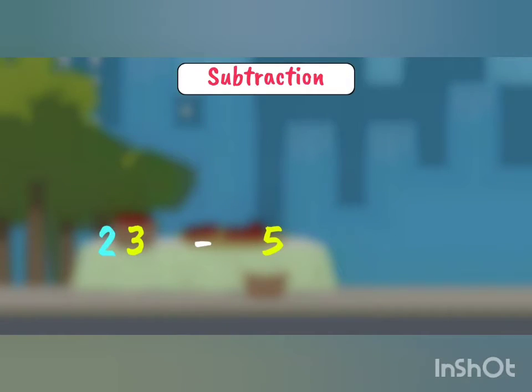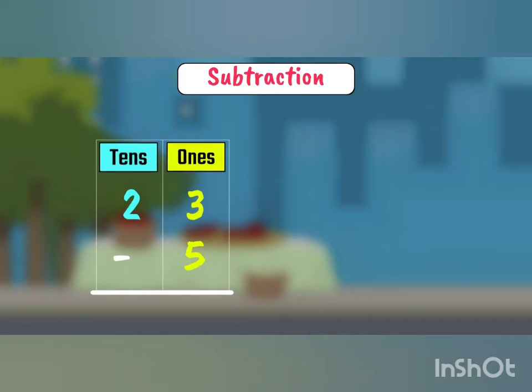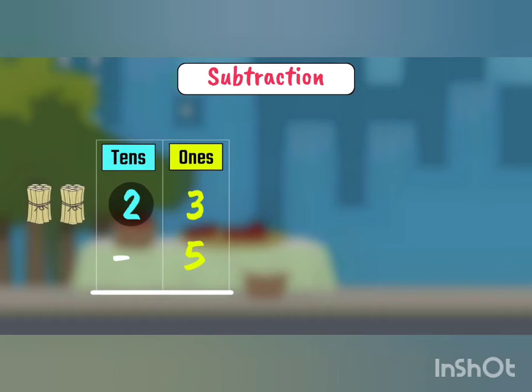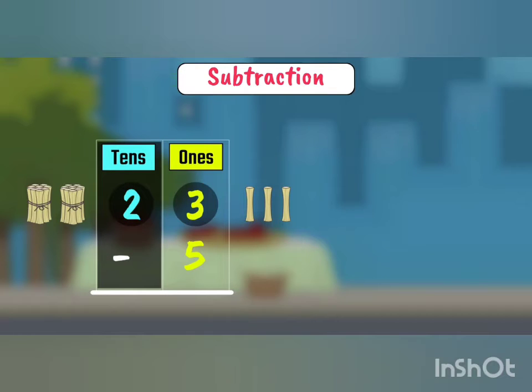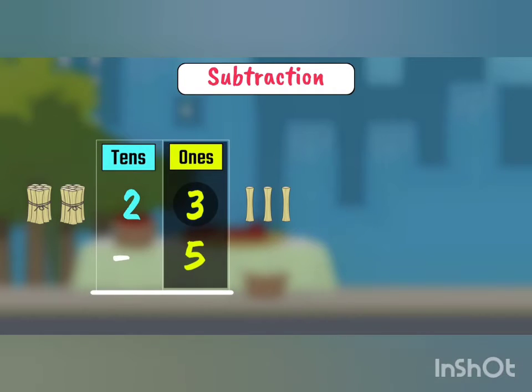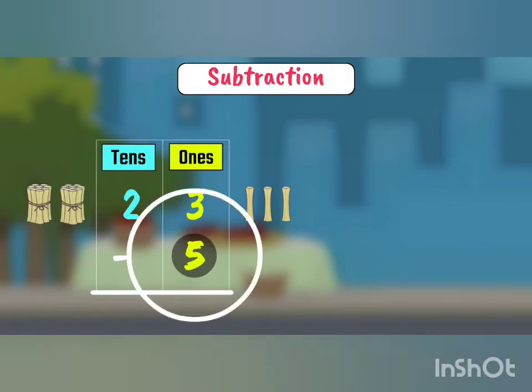First of all, put both numbers in columns of tens and ones. 23 means 2 tens plus 3 ones. That's why we have kept 2 in tens column and 3 in ones column. And if we talk about 5, 5 is a one digit number.